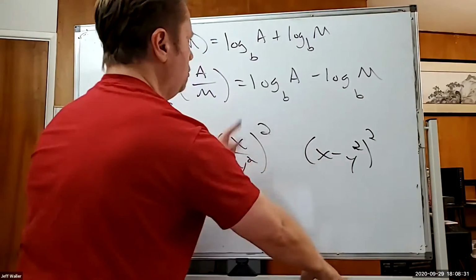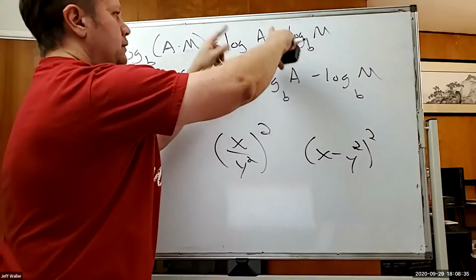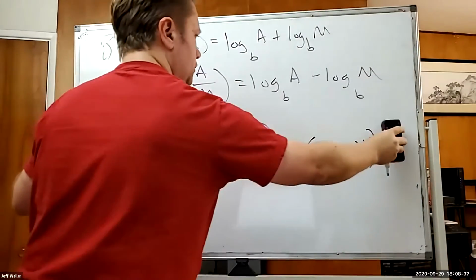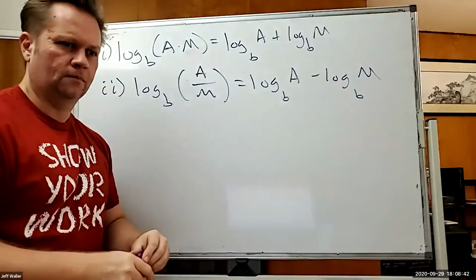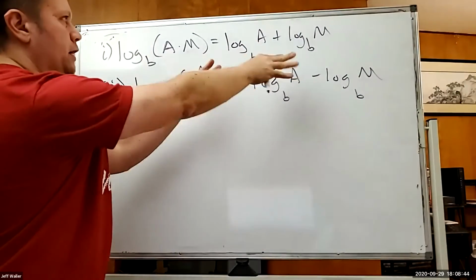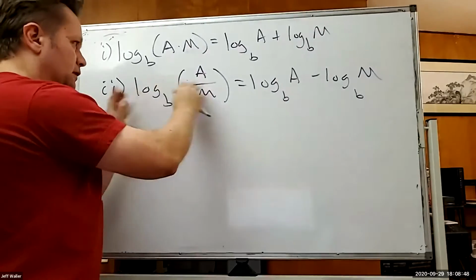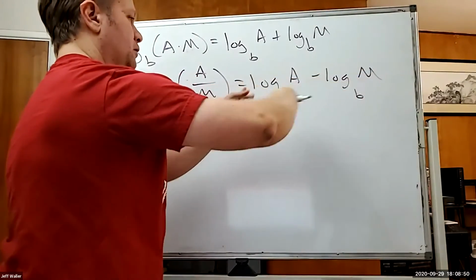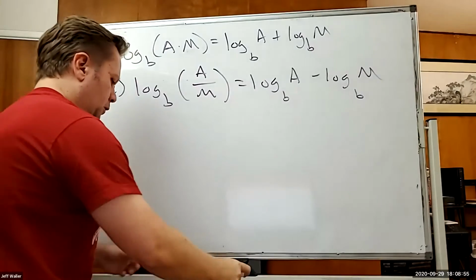That's very vaguely connected to why these work the one way they do, because of what exponents can do and what they can't do. So it only works in this direction. Product inside is addition outside. Division inside is subtraction outside. I don't know which way to say it so that it'll stick in your brain.